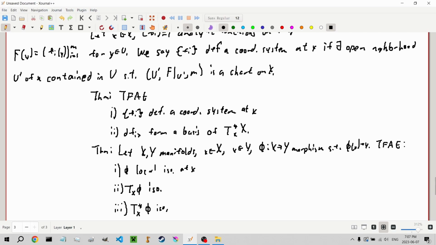And 1 obviously implies 2, 2 implies 3. And we already did case 3 previously, 3 implies 1.